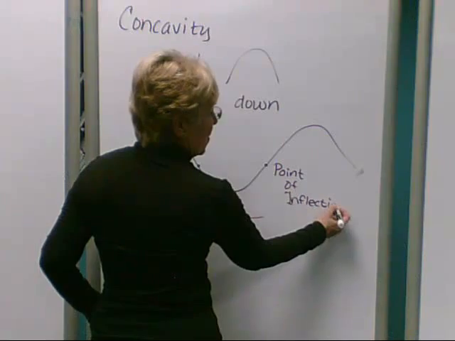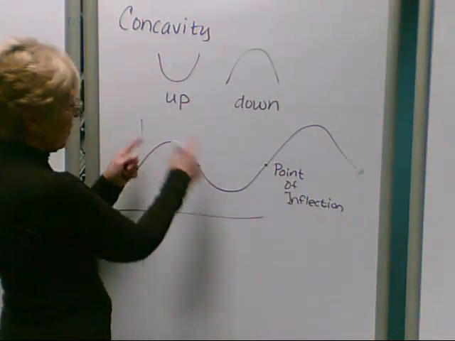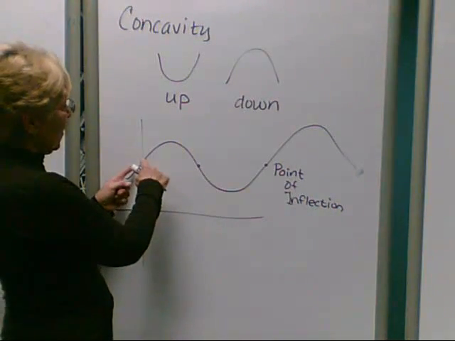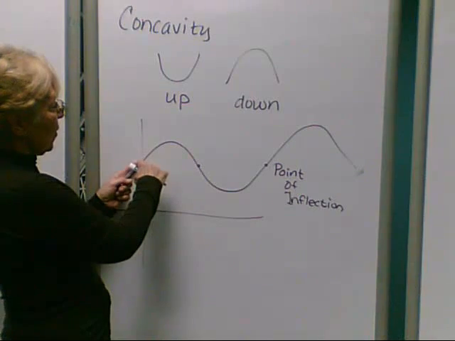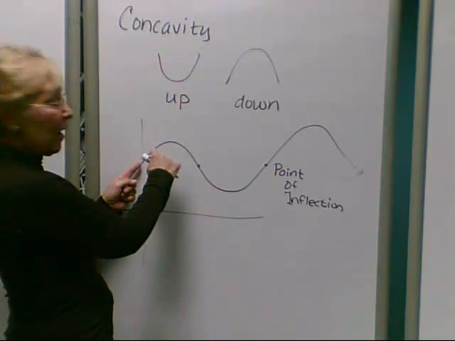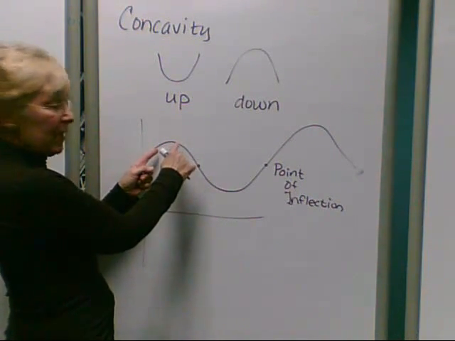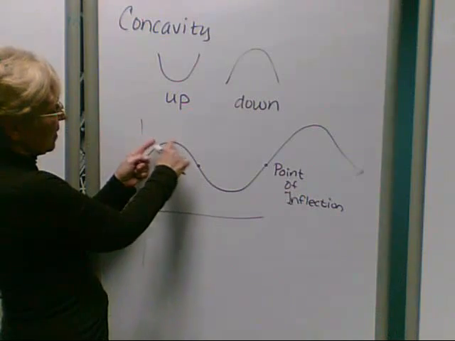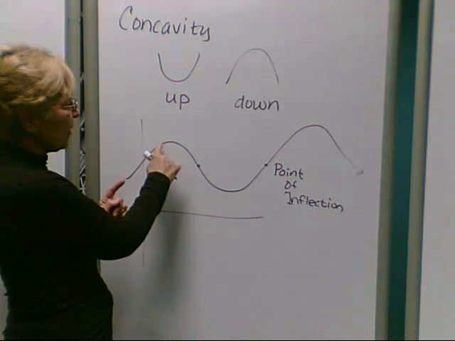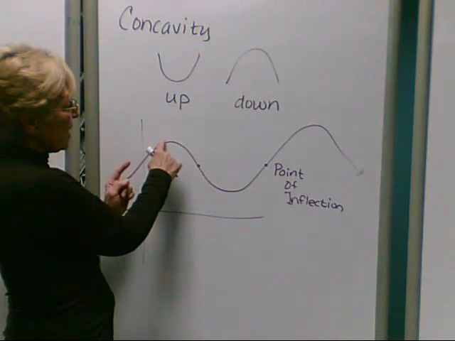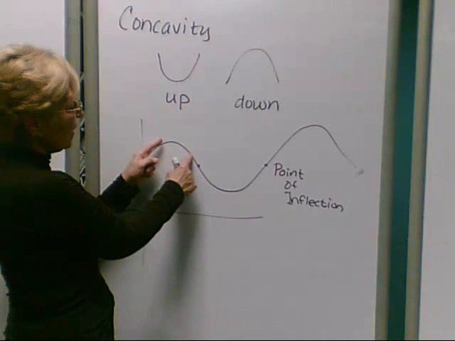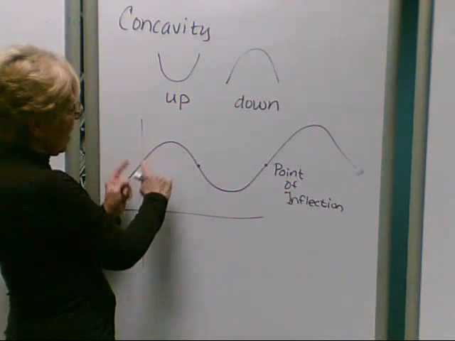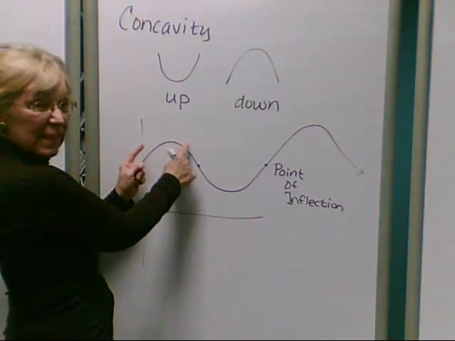We care because of the reference made to slope. Here we see that the slope, though pretty steep and positive, is leveling off, and we're getting to the top or the maximum part of the curve, and then we're going to start going downhill again. So we have a slope that's really decreasing.